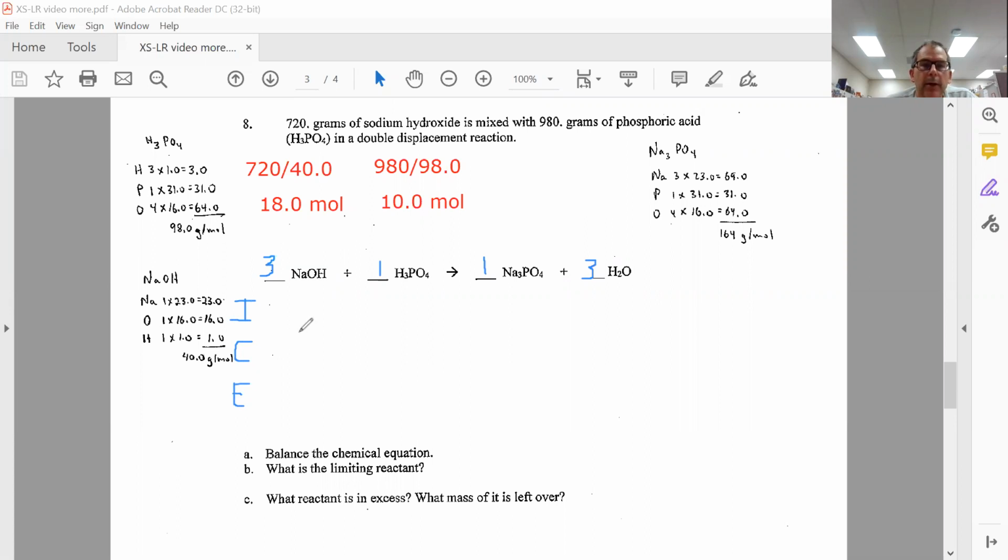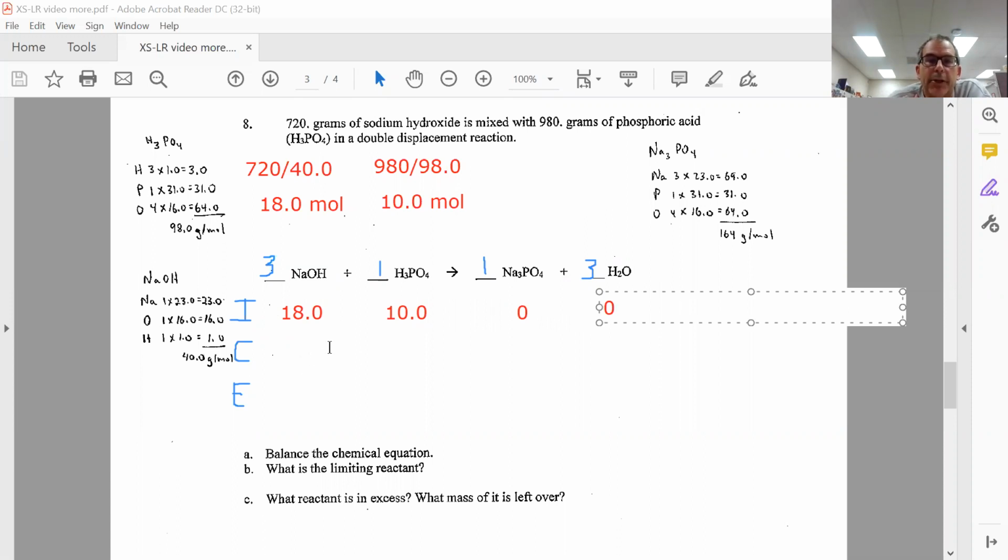The initial amount of moles is what I'm starting with before any reaction occurs, and that is 18.0 for the NaOH and 10.0 for the H3PO4. For the products, we don't have any before the reaction occurs, so that's going to be a 0, and this is going to be a 0 for the H2O.